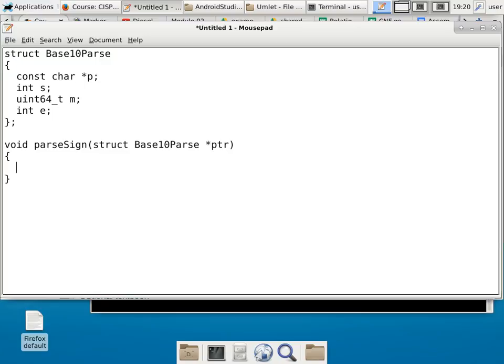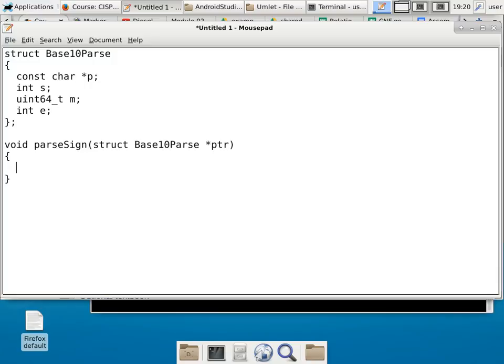We are passing PTR as a pointer into this subroutine, which means in the subroutine, by dereferencing the pointer, I can change the structure pointed to by PTR. If you use C++, you can pass by reference, so you don't have to deal with the pointer in this particular case. But I'm sticking with strict C here.